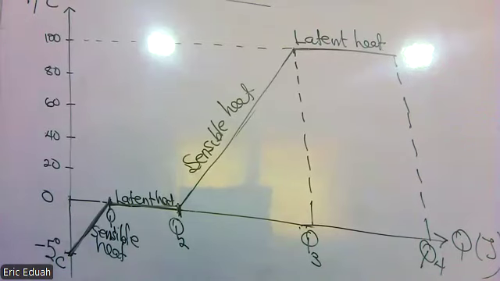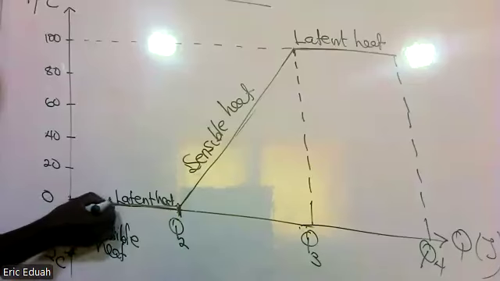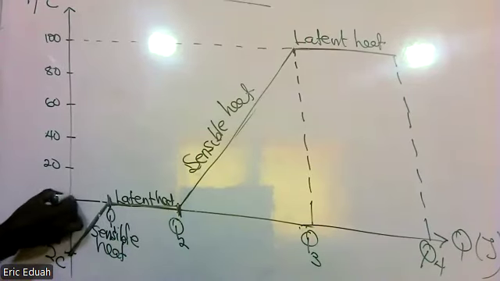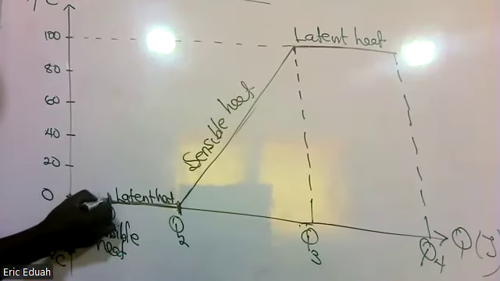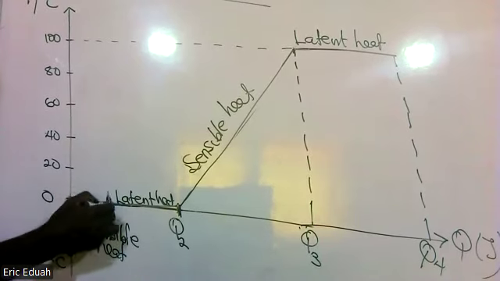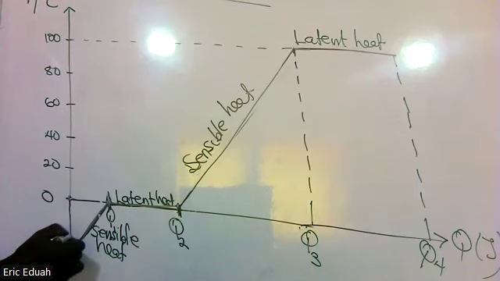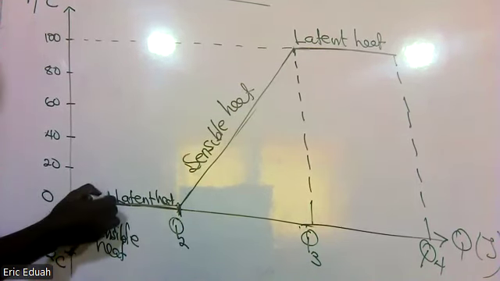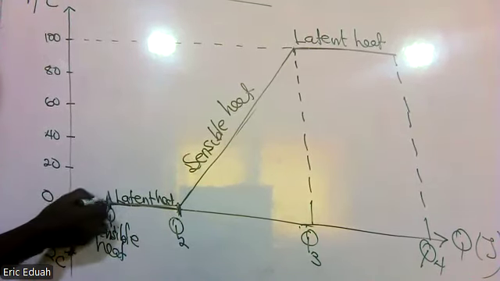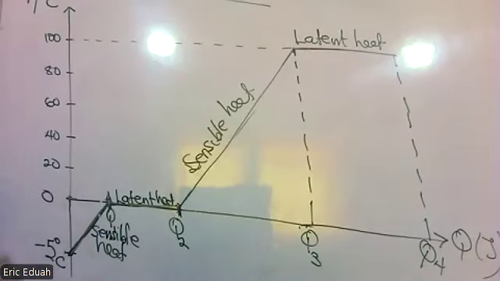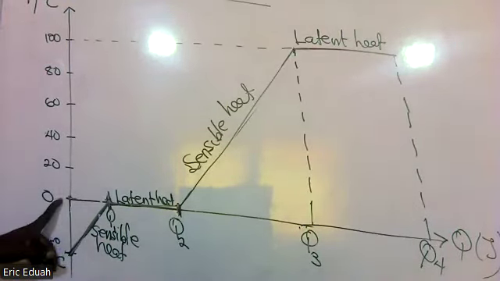Okay. Now, things you can deduce from the curve are, one, this point where change of state begins, from ice to liquid. You can use this to determine the melting point of ice.